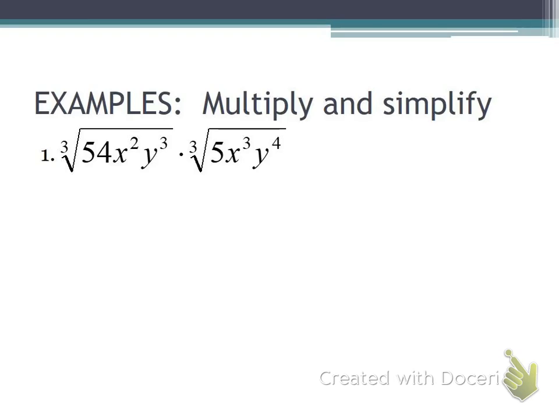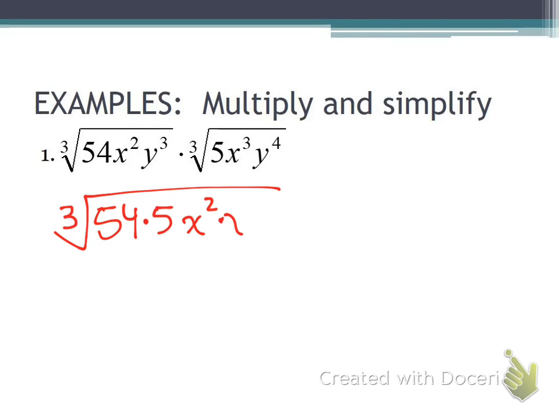What I like to do is multiply them together first and then simplify, kind of like our instructions say. We're going to multiply first and then we'll talk about simplifying. When we multiply these together, you can handle it a couple different ways. What I like to do is show it all underneath a radical together first.